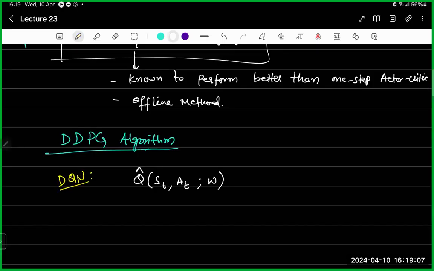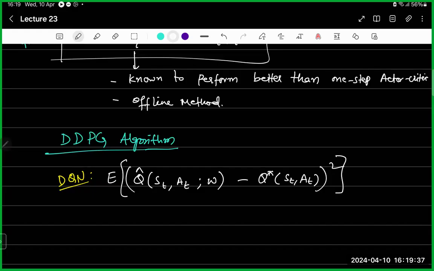So in the DQN, what was our loss function? We want to find a neural network which will take the state action pair and give us what? Q star, right? So we wanted it to closely resemble Q star of S, A. So we were minimizing the mean square error, right?